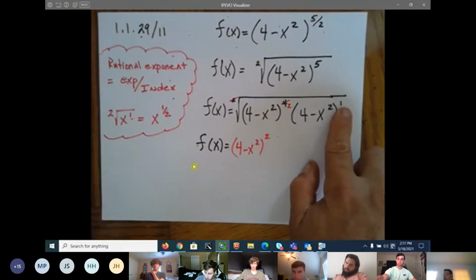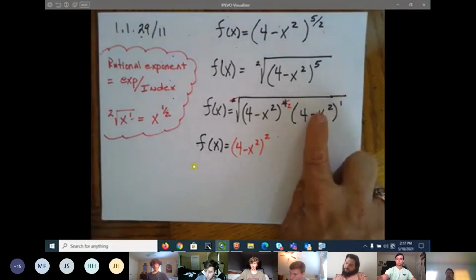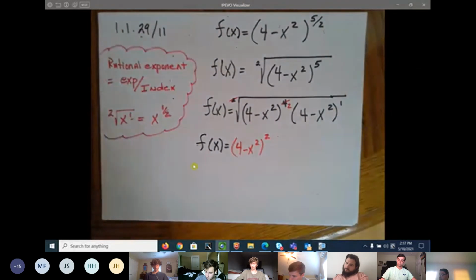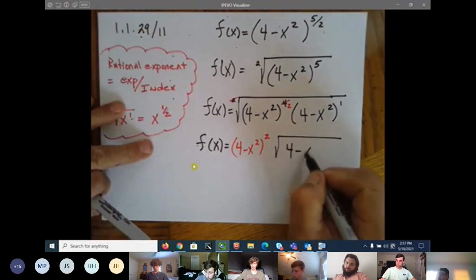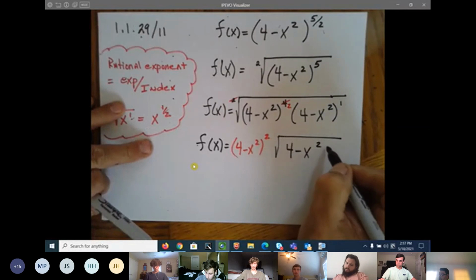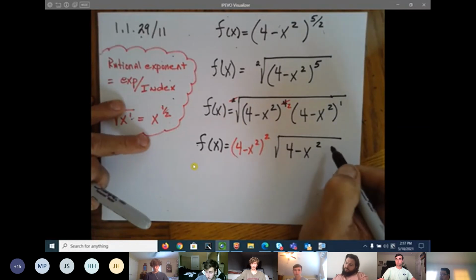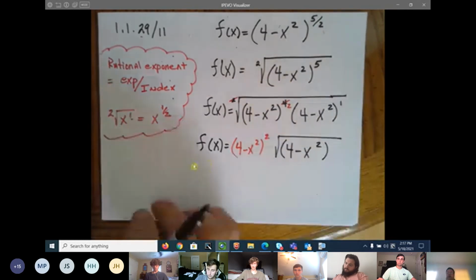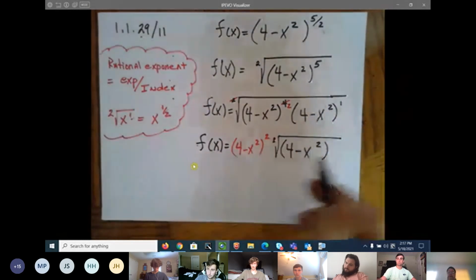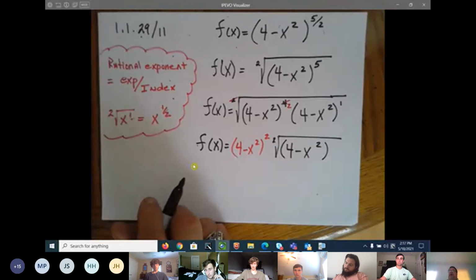No. So that stays under the radical. And what can you not have under the radical? What can you not have under an even exponent radical? A negative number.